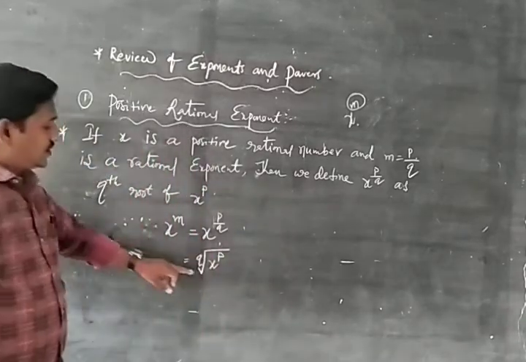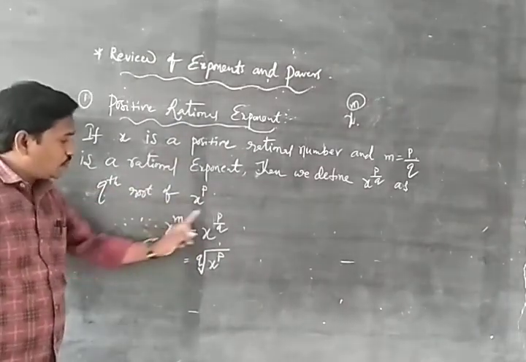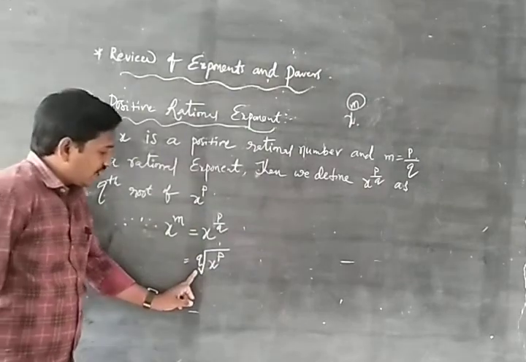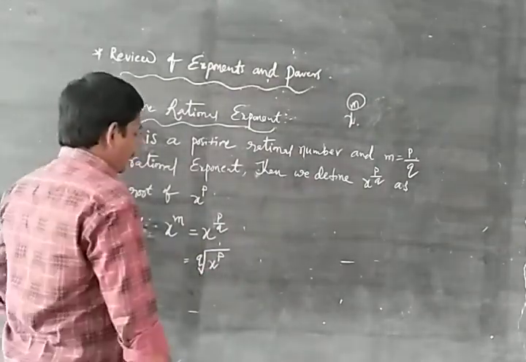You can write like this: x power m equals x power p by q, which we can write as the cube root of x power p. Understand? Right.